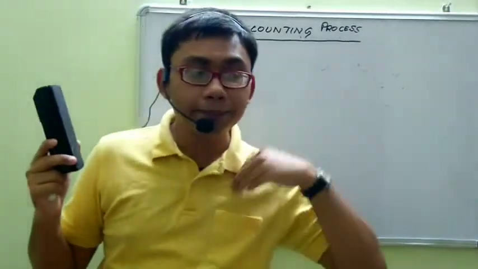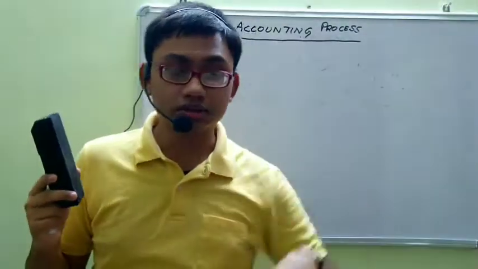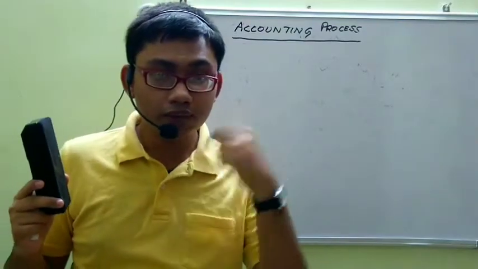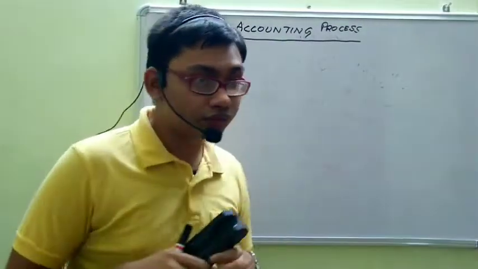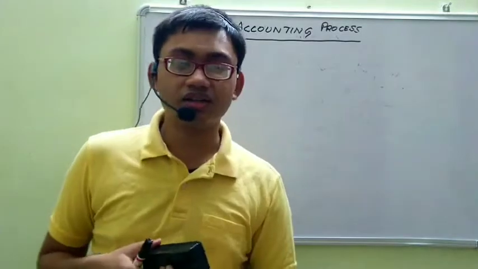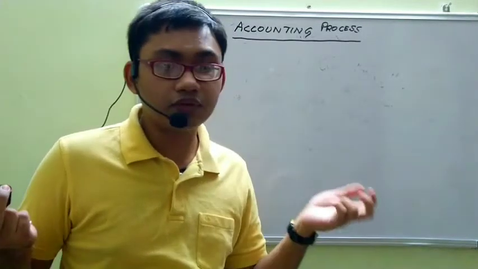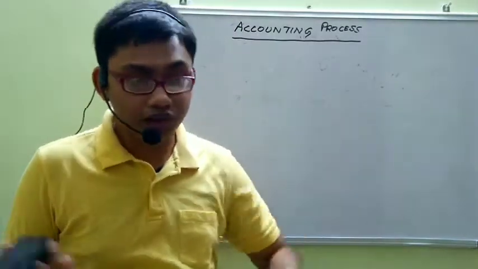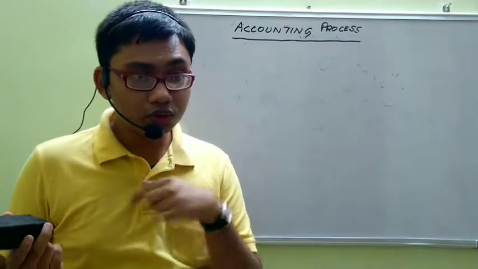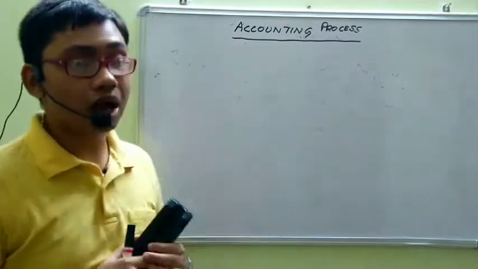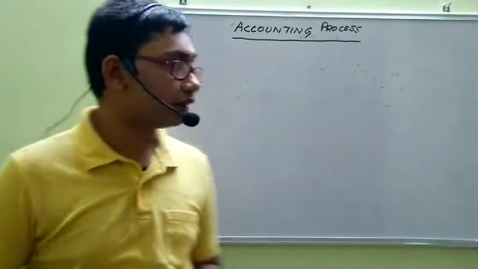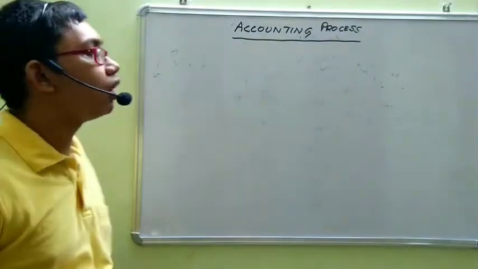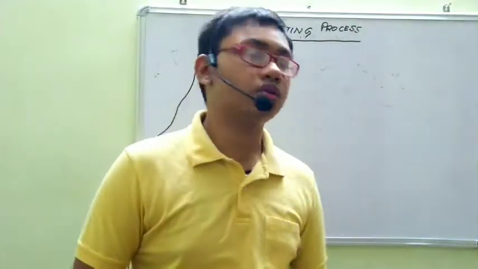What do we do in accountancy? This is more important for us, right? What the business does is important from the perspective of management. What we do is important for accountants. Right. So, what do we know about the accounting process?